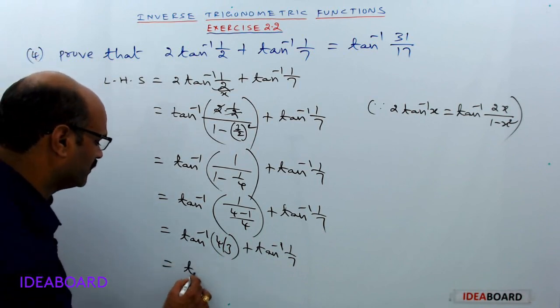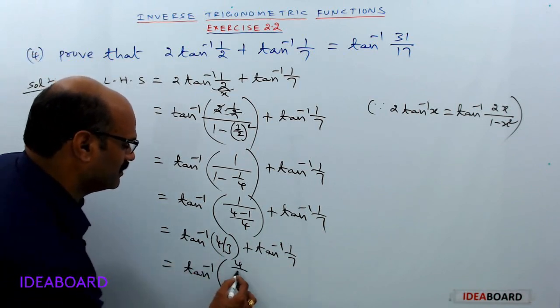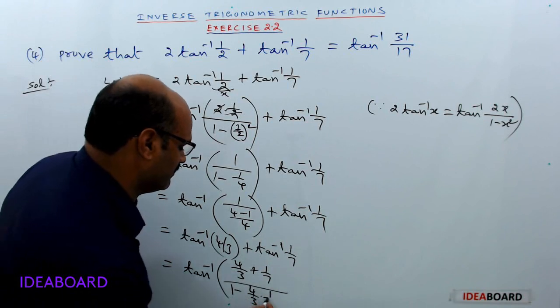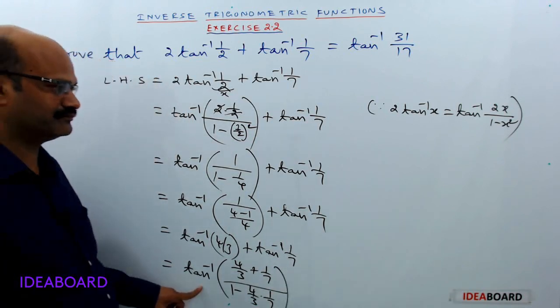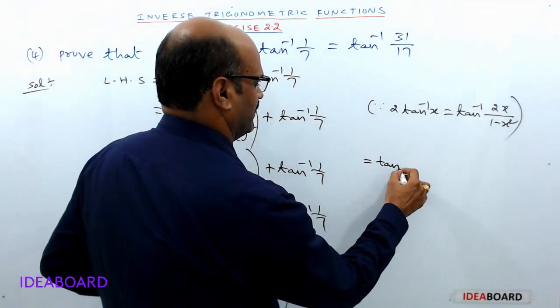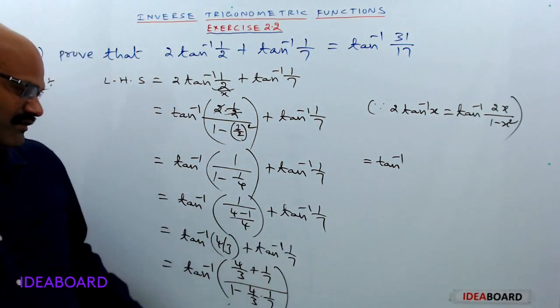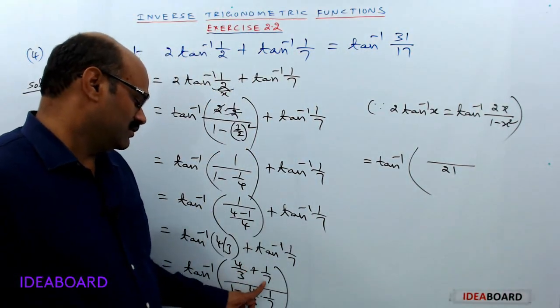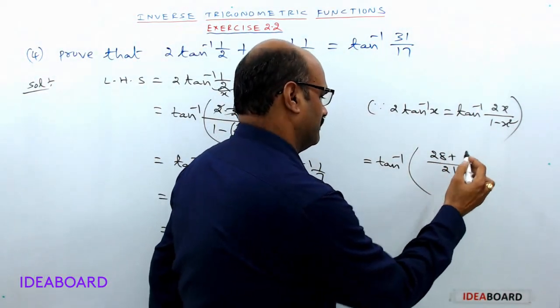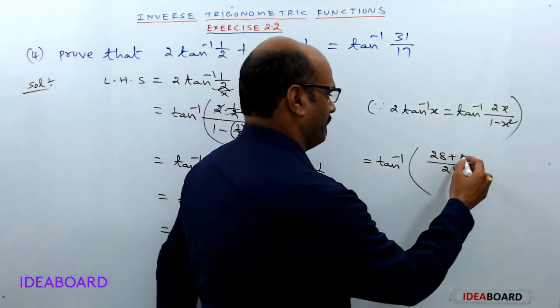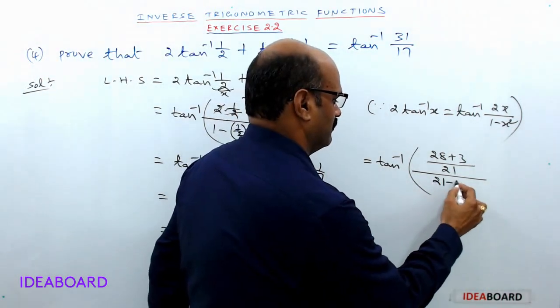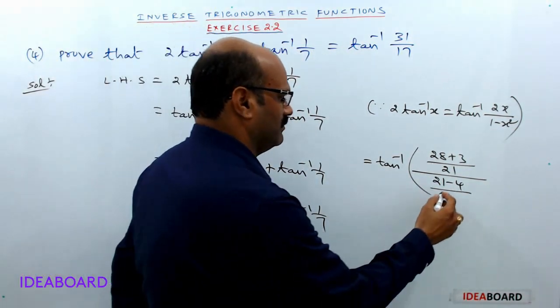So equal to tan inverse of 4 by 3 plus 1 by 7 upon 1 minus 4 by 3 into 1 by 7 equal to tan inverse of, take LCM 21, 28 plus 3 upon 21 minus 4 upon 21.